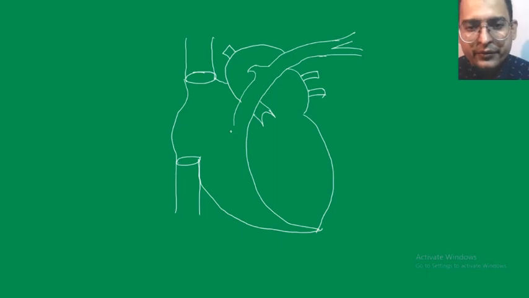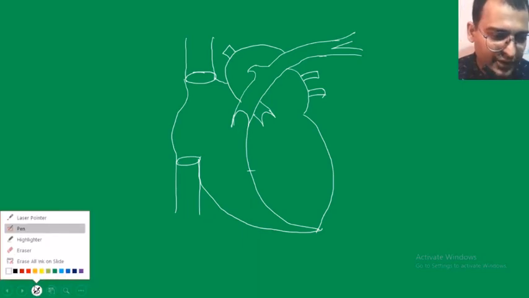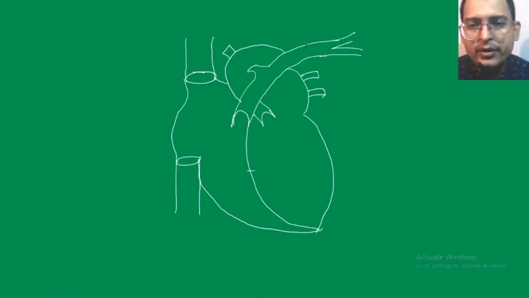Different blood vessels. Now with this structure here, you will be able to definitely tell what are the various parts.